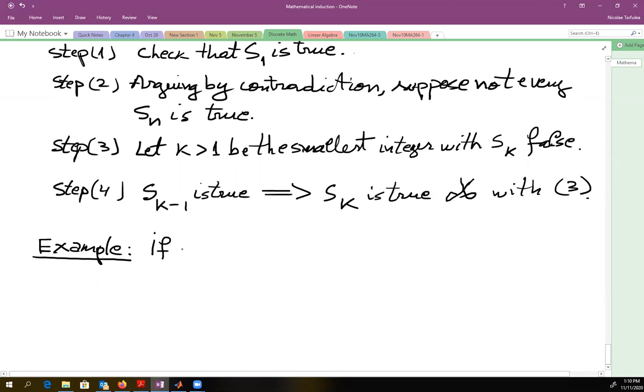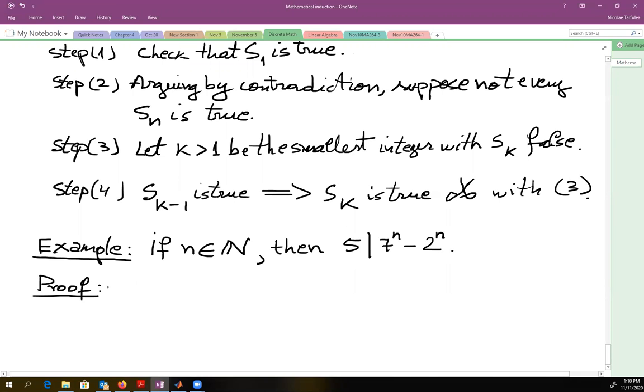So I can say, if n belongs to the set of natural integers, meaning n equals 1, 2, 3, whatever, one of those positive integers, then 5 divides 7 to the n minus 2 to the n. So this is our statement. Okay? So let's prove this.